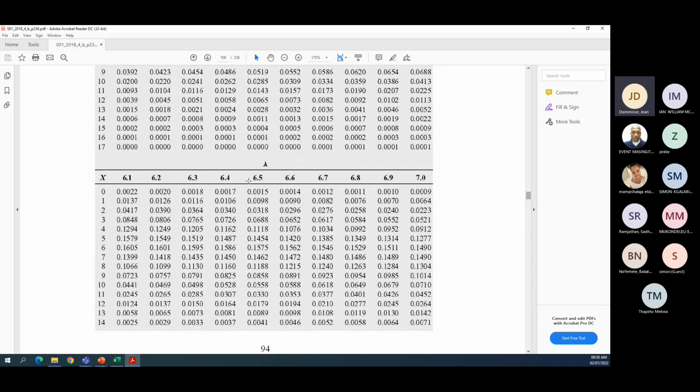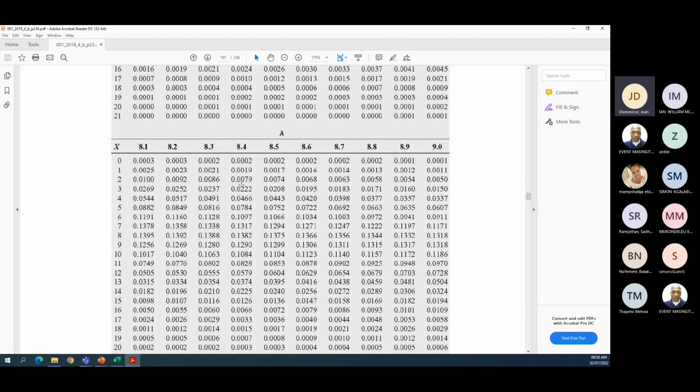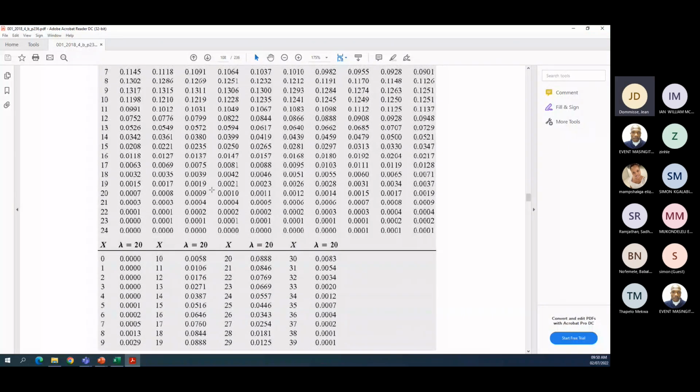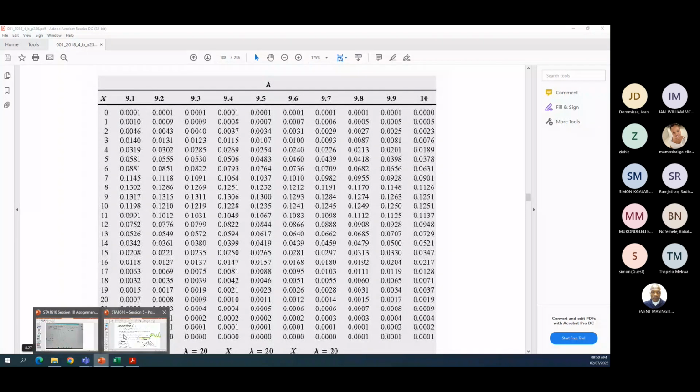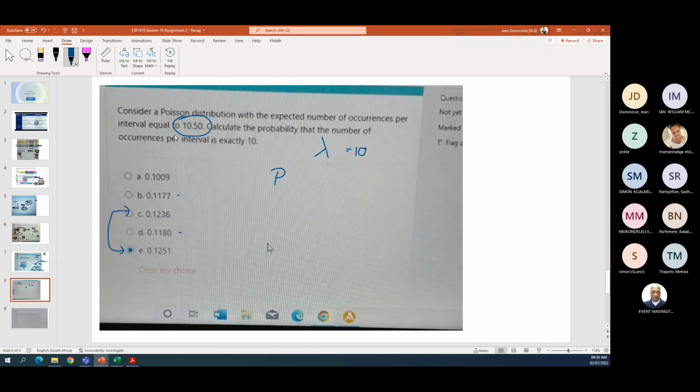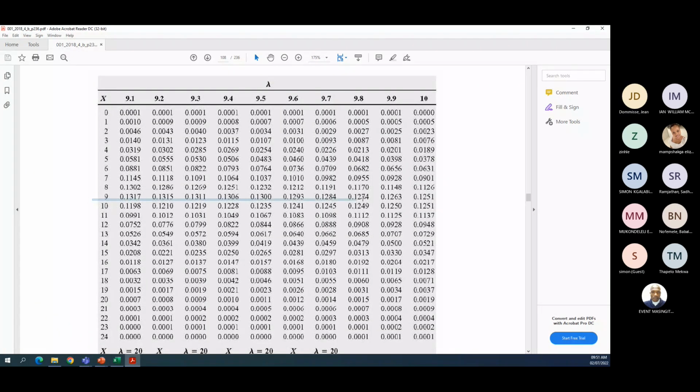Okay, so your tables go up until 10 and then 20. What I looked at is that they ask exactly for 10, so I looked at 10. Here we go.